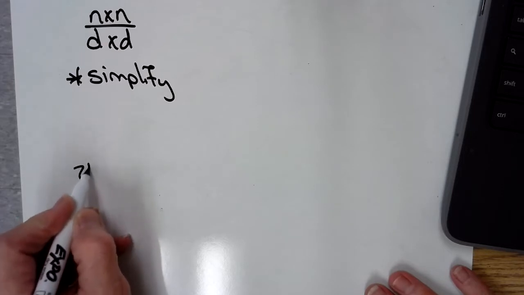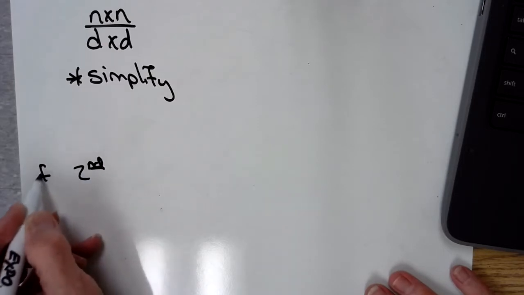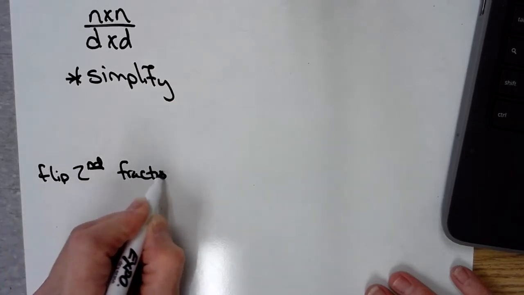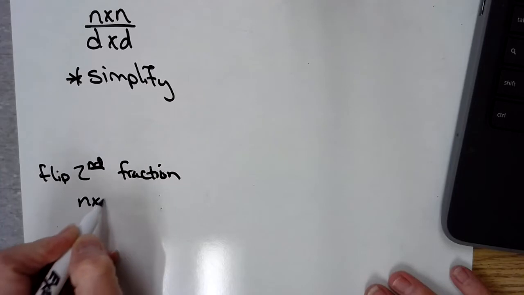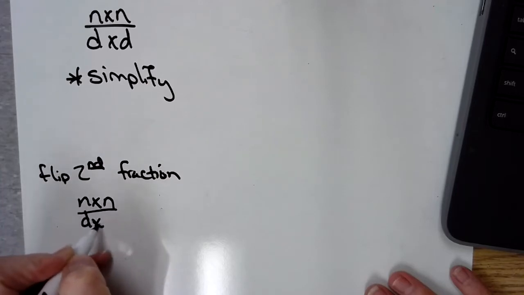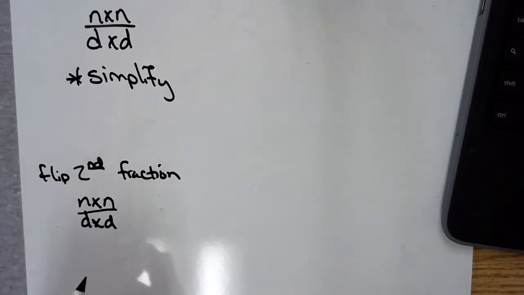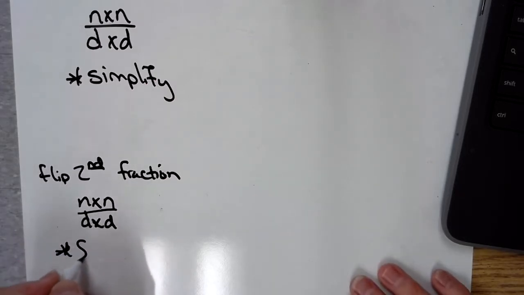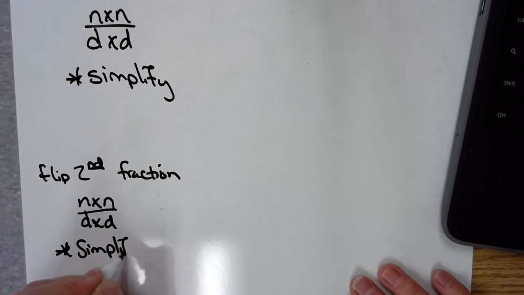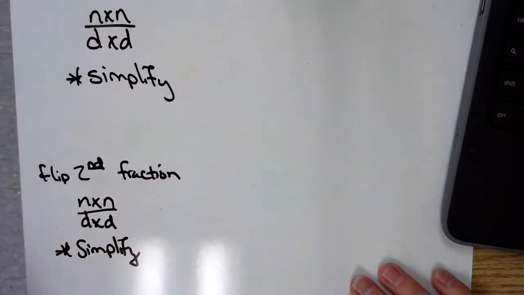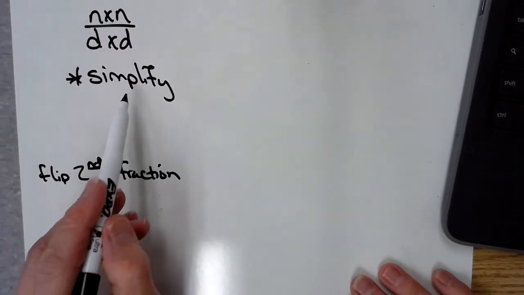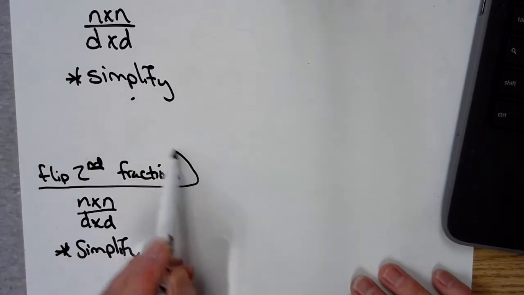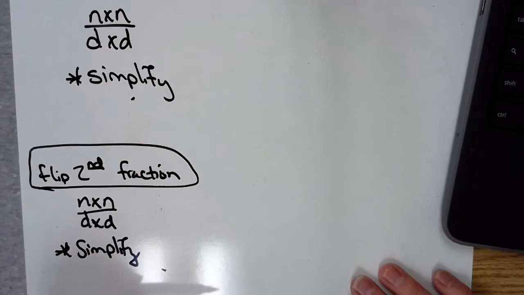So you're going to flip the second fraction, and then you're going to go back to multiplying numerator times numerator, denominator times denominator. Remember, we're never actually dividing when we divide fractions. And of course, we have to simplify on that one too. So this is the basics. The only difference between multiplying fractions and dividing fractions is the reciprocal piece when you flip that second fraction.